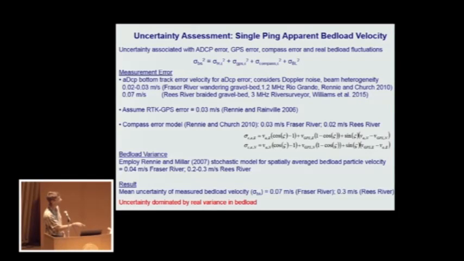And this is due to the high transport rates on the Reese. In terms of the bottom track error itself, typical values were around 2 to 3 centimeters per second for the Fraser and around 7 centimeters per second for the Reese River. So when I show data near the end, you can think that the uncertainty of those measurements is around 7 centimeters per second.